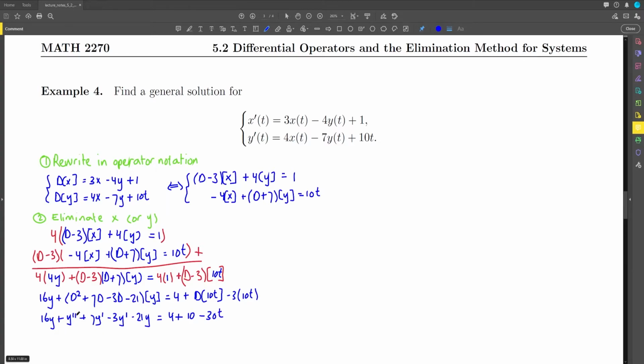Okay, and now we see that we're getting a linear second order differential equation here on the left. So we start with y double prime. 7y prime minus 3y prime gives us plus 4y prime. And then 16y minus 21y gives us negative 5y. And on the right hand side, we get 14 minus 30t. And this is a differential equation that we've looked at in chapter 4.